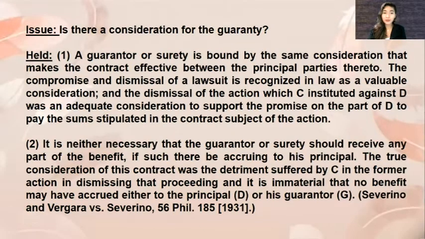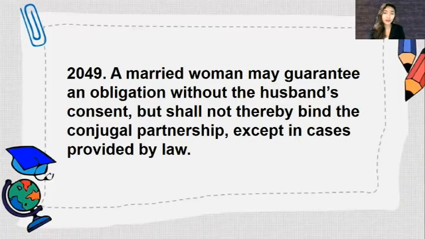Now let's go to Article 2049. A married woman may guarantee an obligation without the husband's consent, but shall not thereby bind the conjugal partnership except in cases provided by law. A married woman who acts as a guarantor ordinarily binds only her separate property.